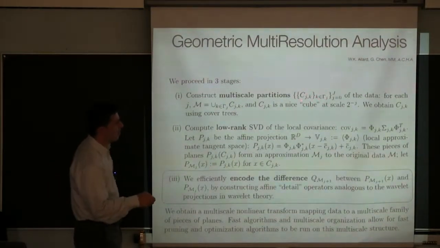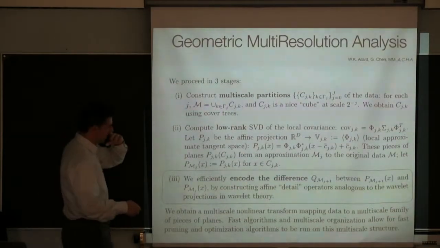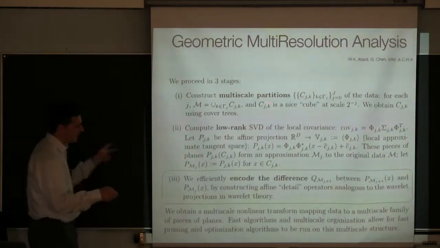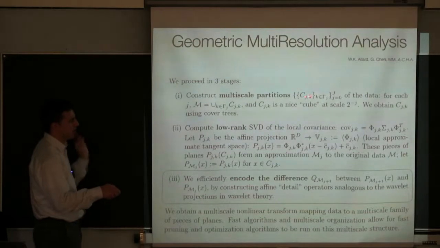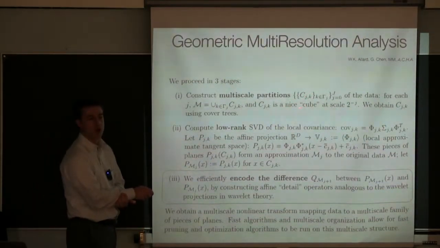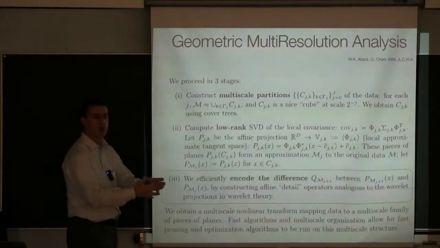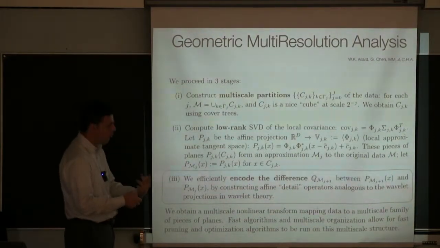So the condition that we have, and again, I have slides that I'm skipping in the presentation. I deleted them because I didn't want to be too technical, but the C_{j,k} must have some crucial properties. The diameter should not be larger than 2^{-j}. I want to think of them as blobs of size about 2^{-j}, formally.